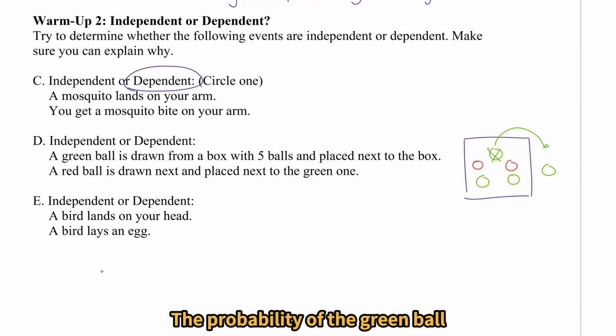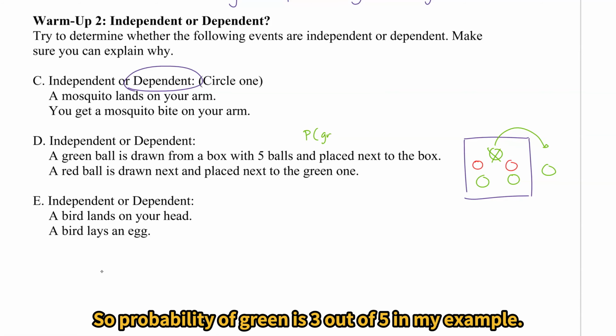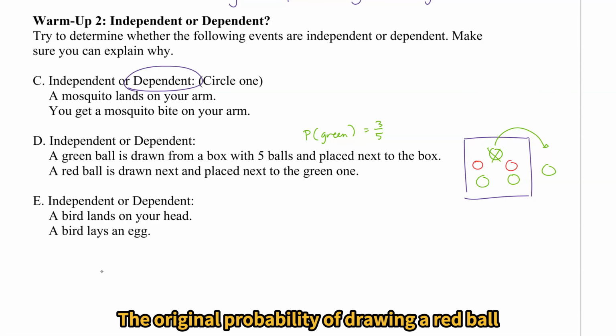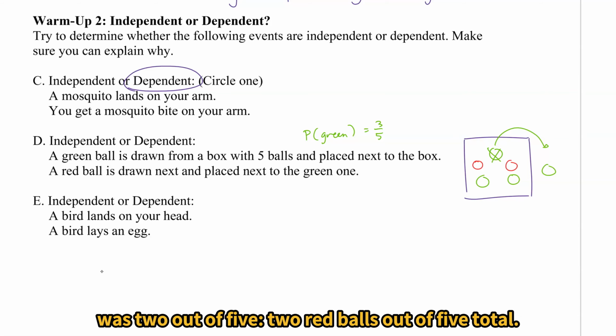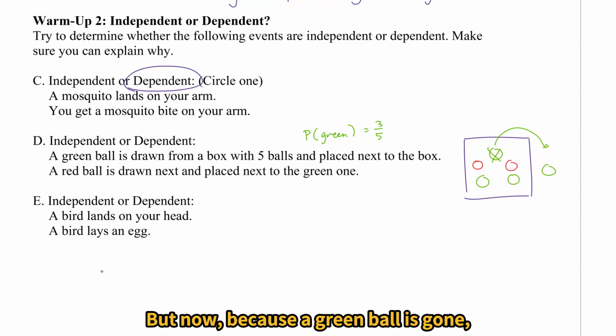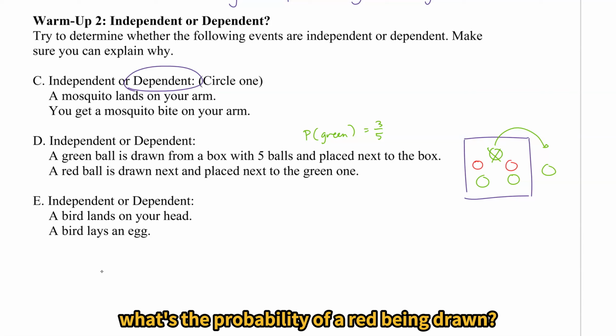The probability of the green ball being drawn, notice, is 3 out of 5. The original probability of drawing a red ball was 2 out of 5, 2 red balls out of 5 total. But now, because a green ball is gone, what's the probability of a red being drawn?